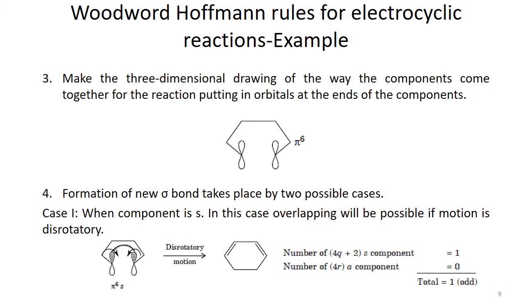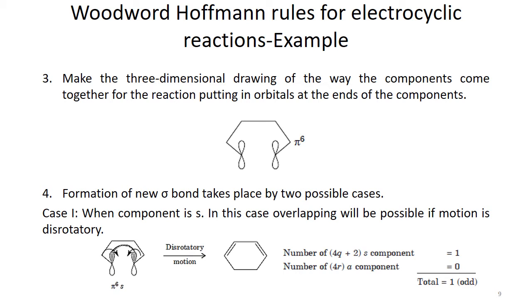There are 6 carbons, but 4 carbons were sp2 hybridized and remain sp2 hybridized. The main change happens on the terminal carbon atoms, which change hybridization from sp2 to sp3, and there is going to be a sigma bond here. So we only draw the orbitals going into the major change. So this is a pi 6 system.